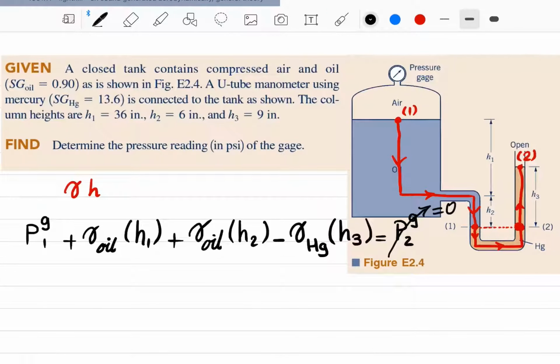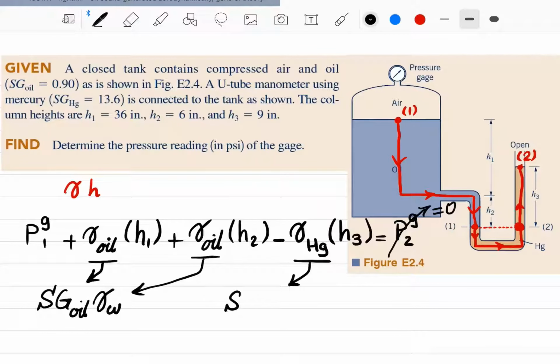And the specific weight of oil is the specific gravity of oil times the specific weight of water. And also the specific weight of mercury would be its specific gravity times the specific weight of water.